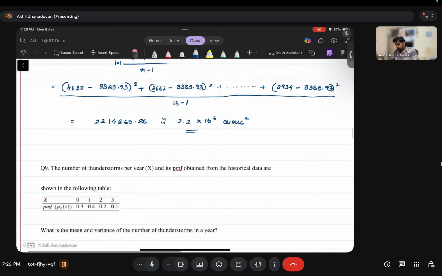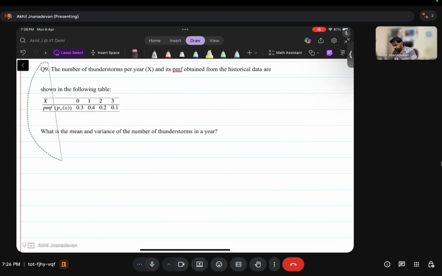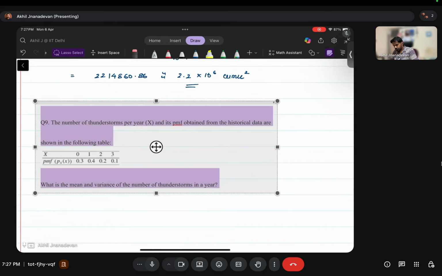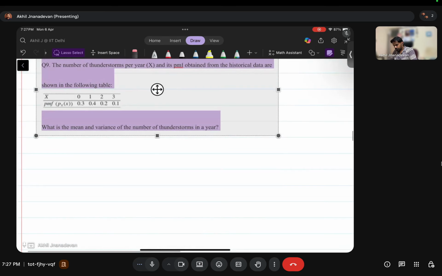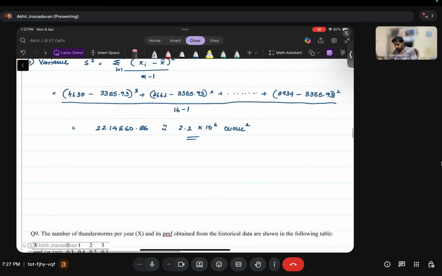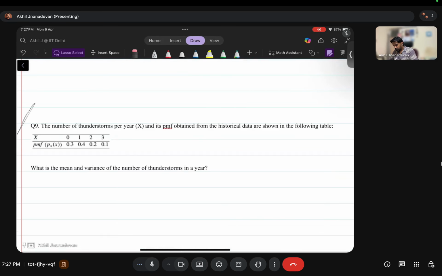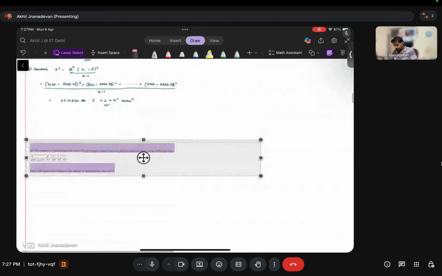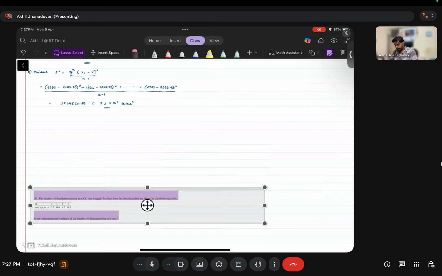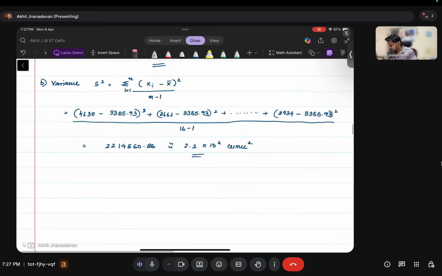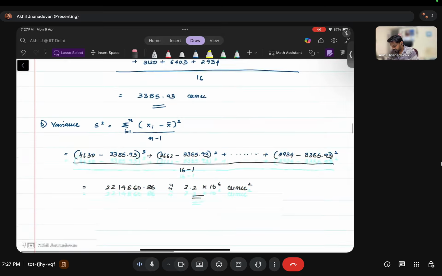Okay, so we need more space. So next is skewness. So we got the variance. Next is the coefficient of skewness.